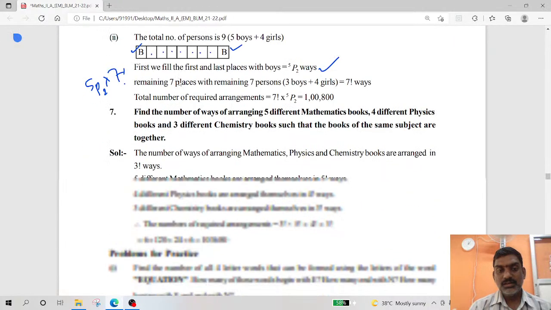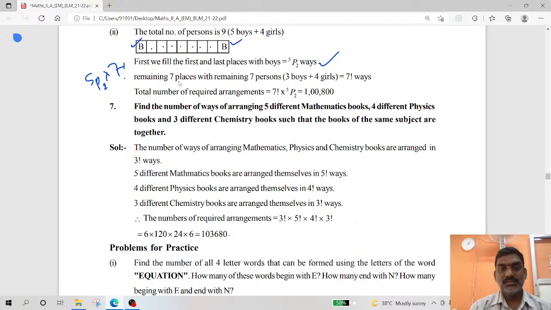Right. Next, question number 7. Find the number of ways of arranging 5 different mathematics books, 4 different physics books and 3 different chemistry books such that the books of the same subject are together.